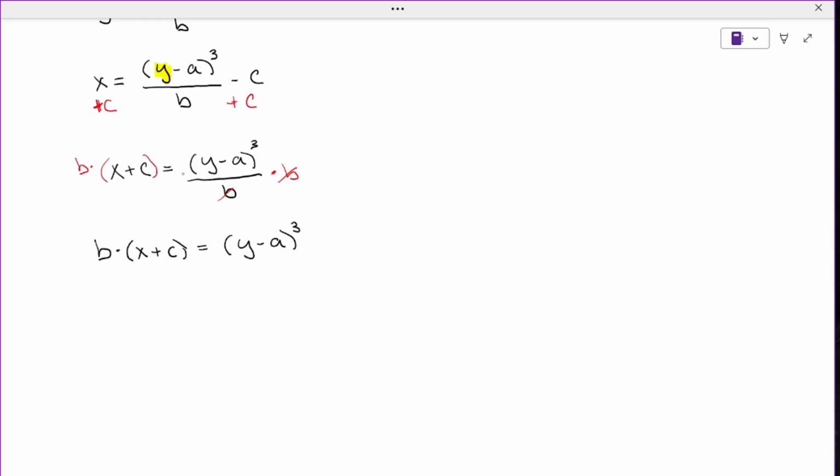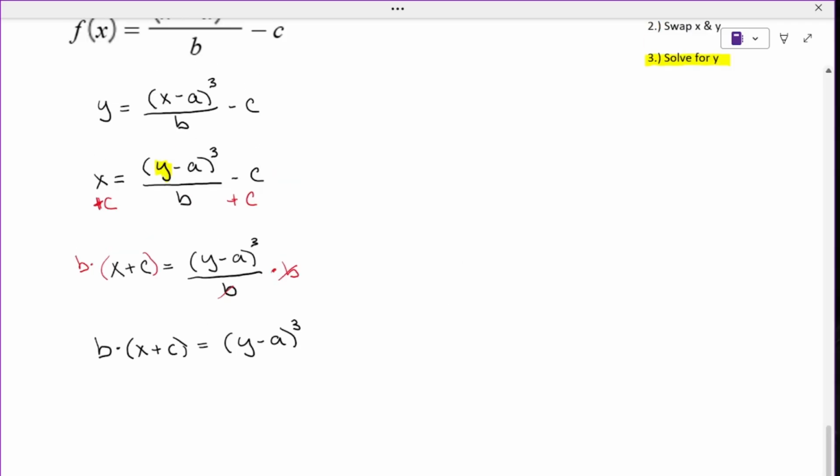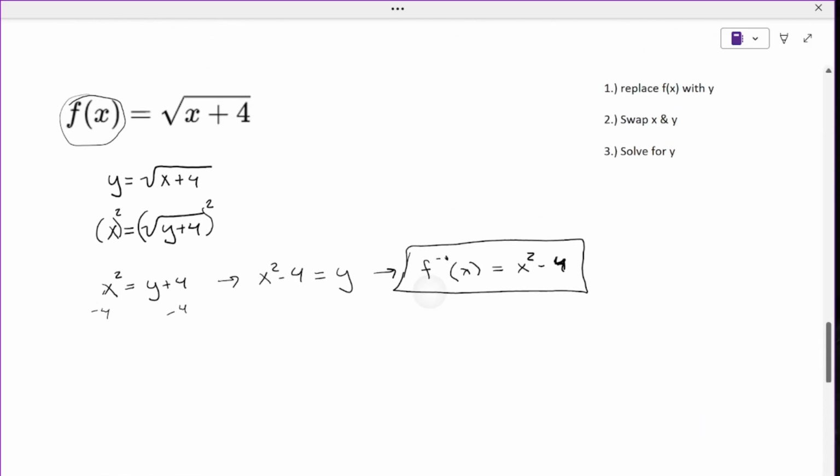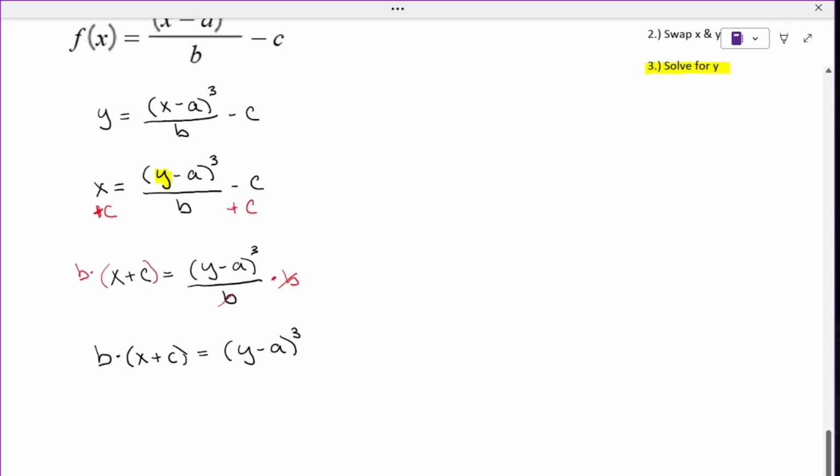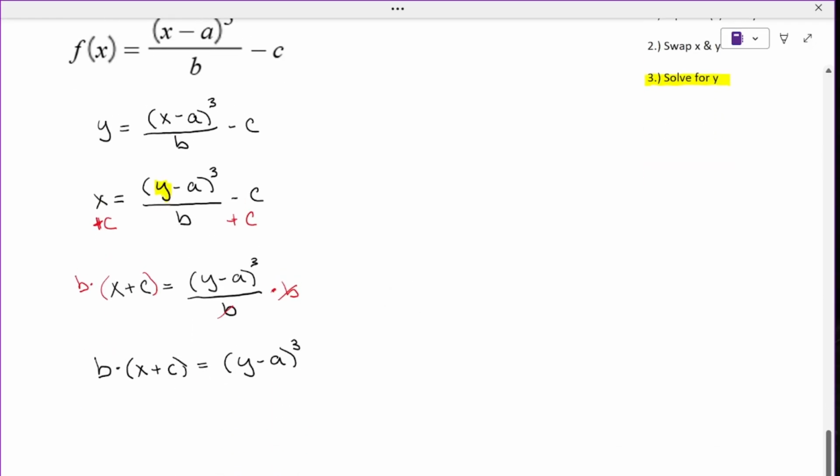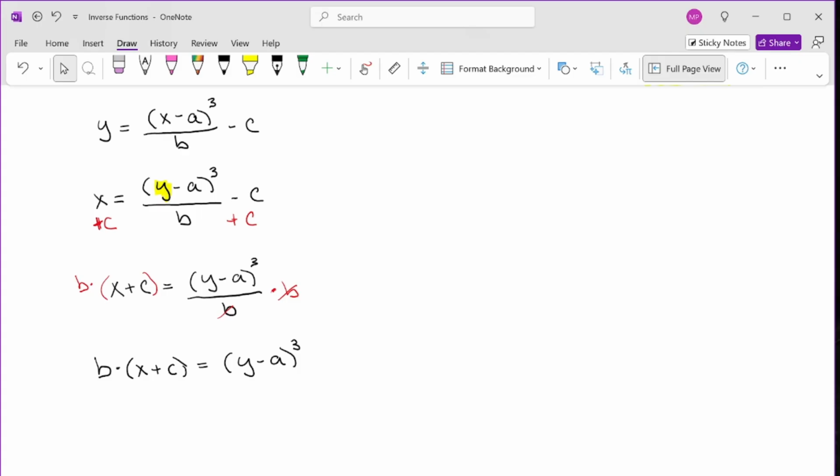So we got to get rid of this cube exponent here. And in order to do that, we are going to take the cube root on both sides. Just how in the previous problem we squared the square root in order to get rid of the root, now we have to take the root in order to get rid of the exponent. All right, does that make sense?